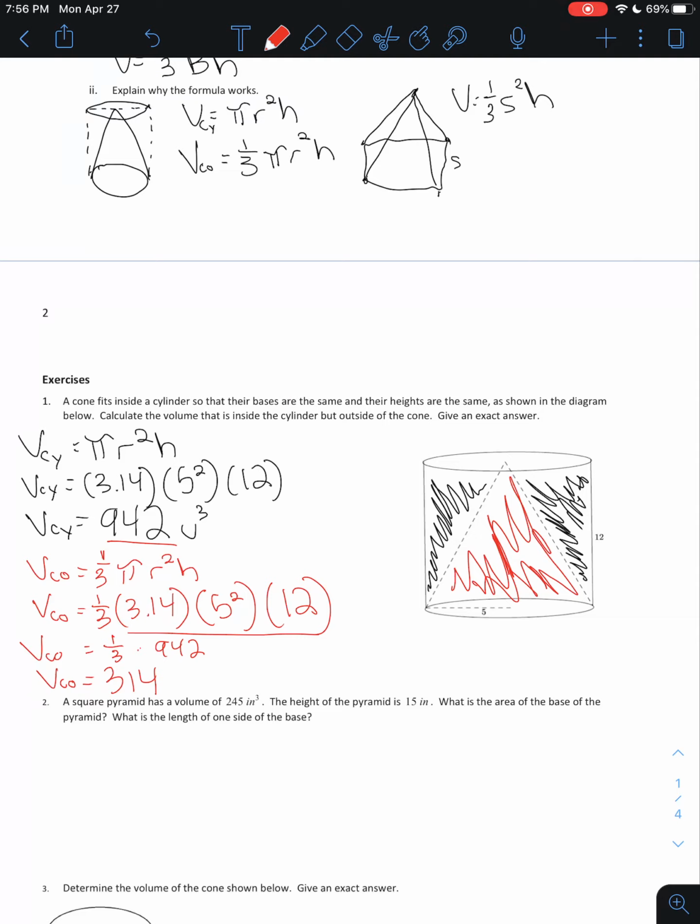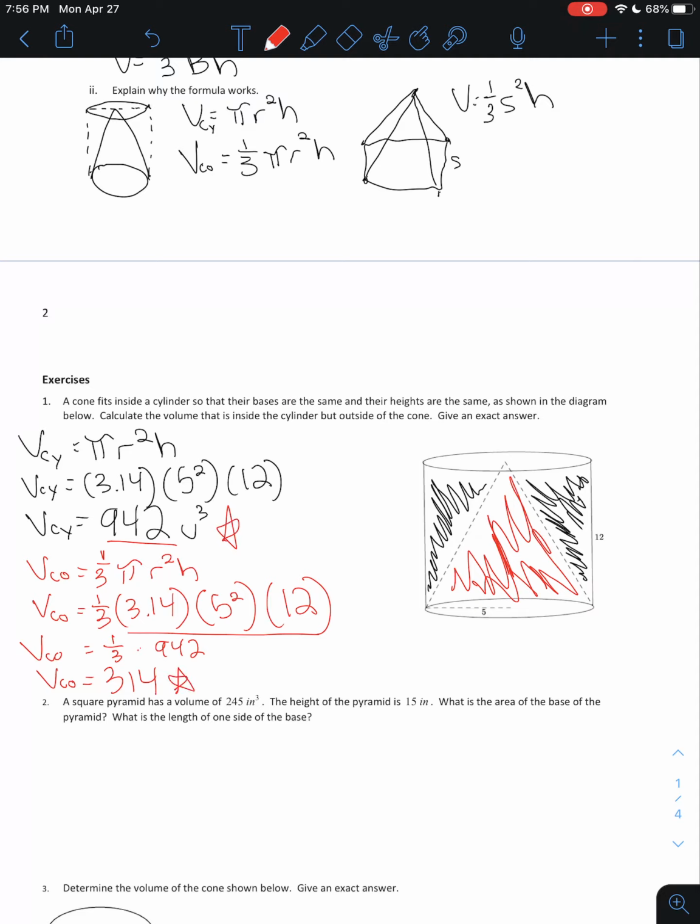And so now we have both. We have the volume of the inside and the volume of the whole thing. To get the volume of what's in between the cone and the cylinder, all you have to do is take this number up here and subtract this number here.